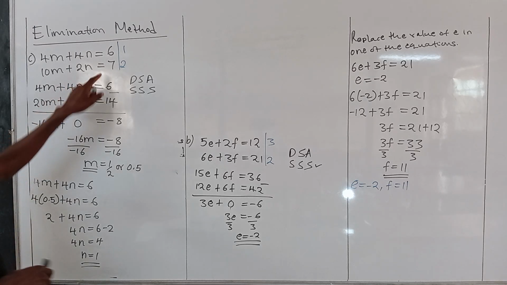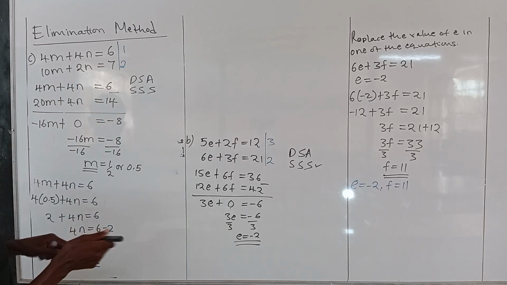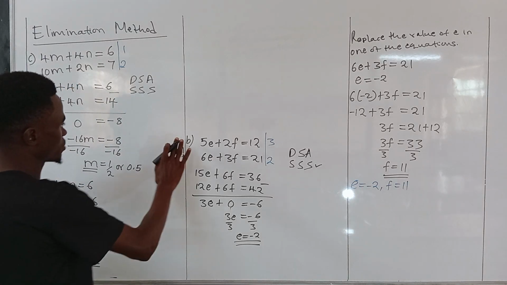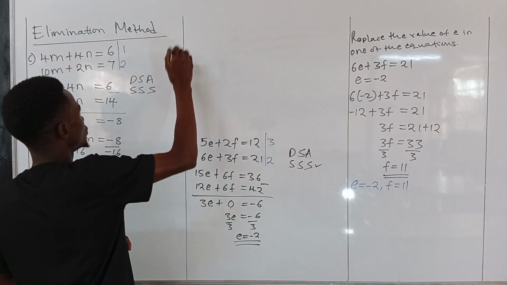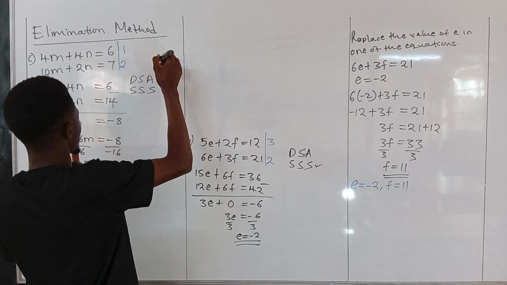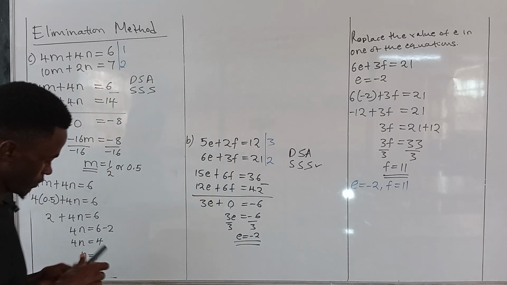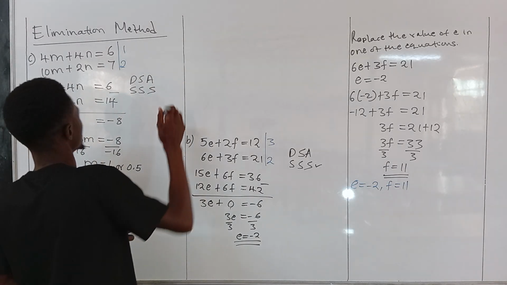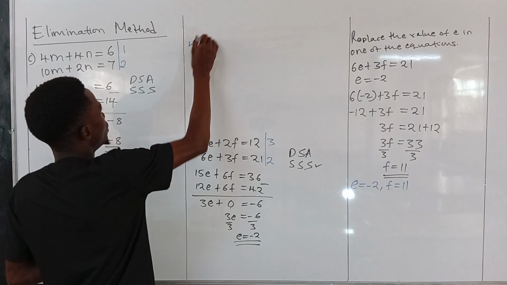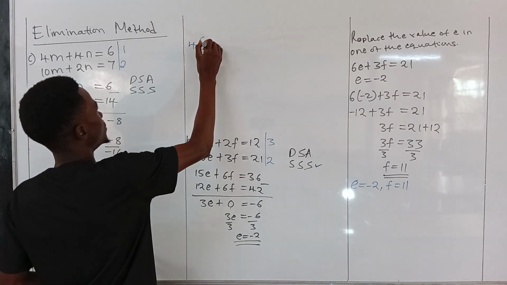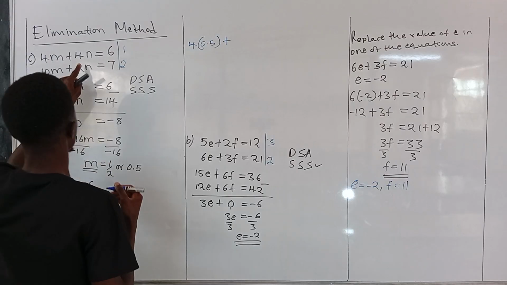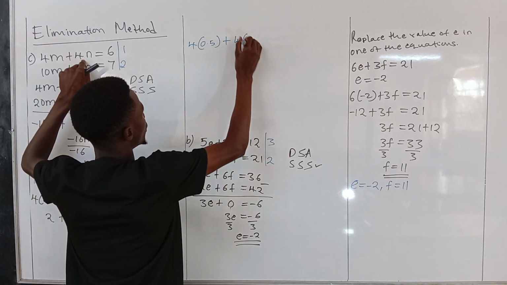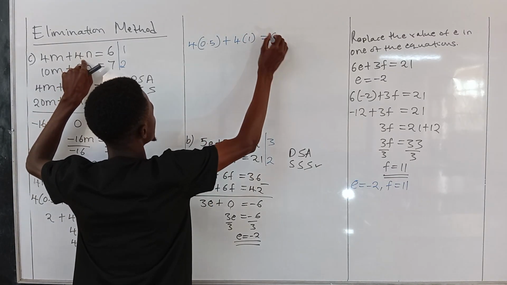And then when you replace them, they just give you the exact thing. They should satisfy your equations. You can now replace them, maybe for the purpose of proving what we are talking about. The values, if they don't prove your question, then it means that it is wrong. So 4 into m, our value of m is 0.5, plus 4 times n, and n is 1, is going to give us 6.